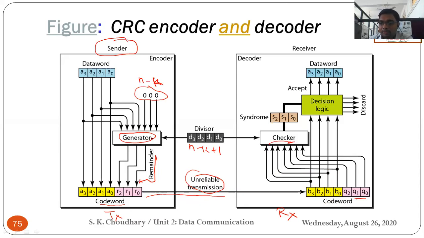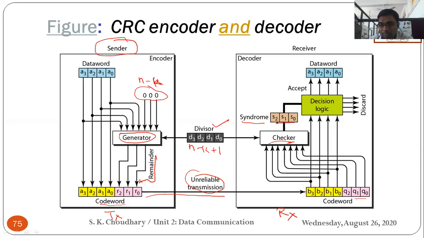The checker is nothing but a replica of the generator, and we perform the same operation. This divisor is also used at the receiving end, and the 7-bit data received in the checker is divided by this 4-bit divisor, and whatever the remainder is, it is called a syndrome. It is always n minus k, meaning 3 bits here, S2, S1, S0, and this syndrome is fed to the digital decision logic.